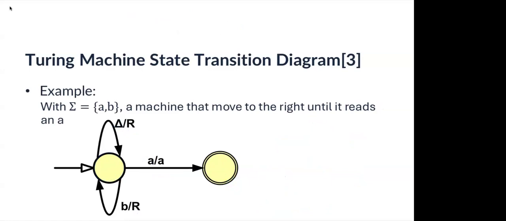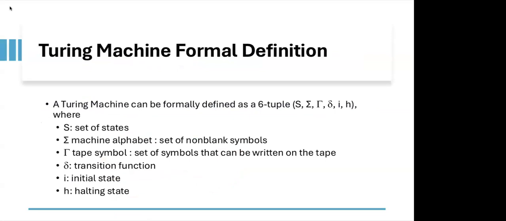Nothing, yeah. And this is another example. This is a machine that moves to the right until it reads an A. So we go to the right if we read delta or B, but if we read A, it will stop. In the formal definition, the Turing machine can be written like this.